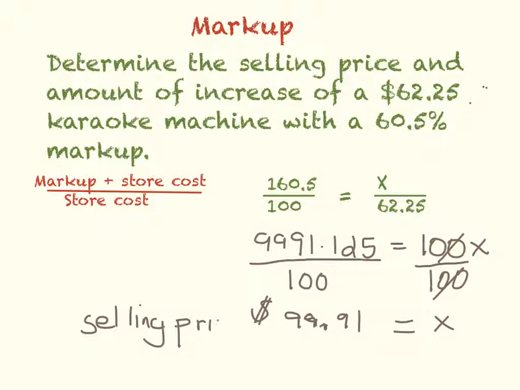So do you know how I'm going to find my markup if I have my selling price? Well, I think you'd take your selling price and subtract the store cost from it, and that will give you the markup. Okay, cool. So we have $99.91 minus the amount the store paid, which is $62.25.